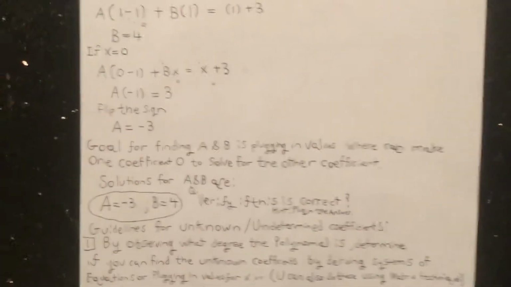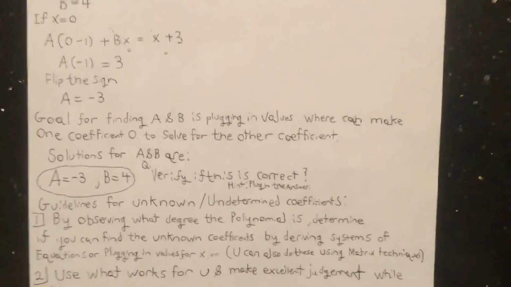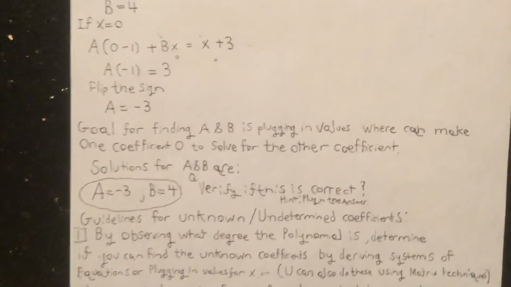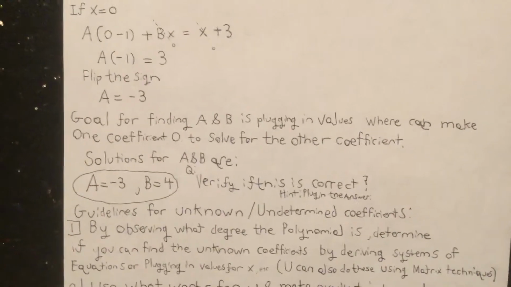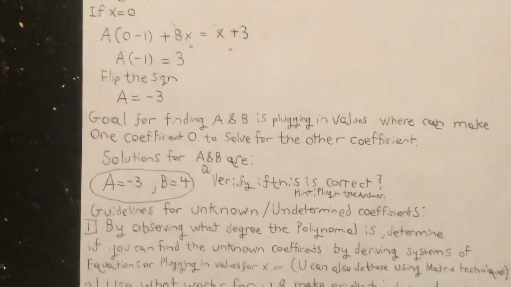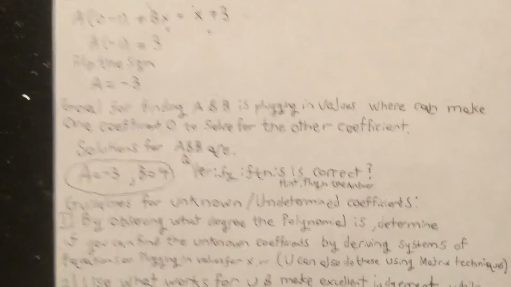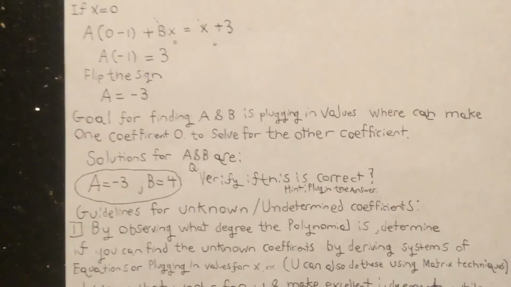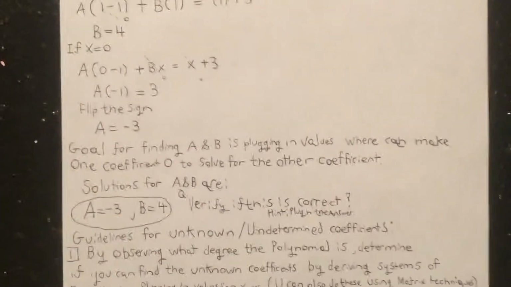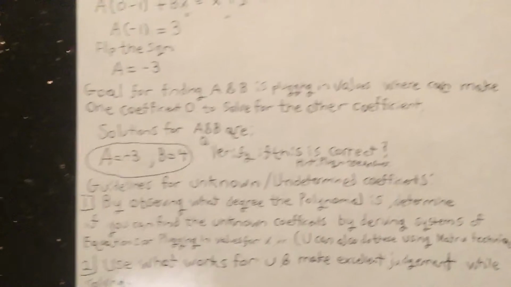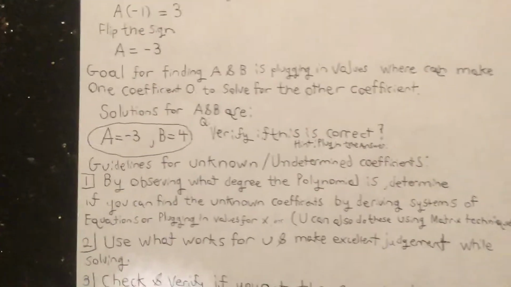The goal for finding a and b is plugging in values where we can make one coefficient 0 and solve for the other unknown coefficient. So the solutions are a is equal to negative 3, b is a positive 4. Now the question again is to verify if this is true. Here's a hint: don't be afraid to plug in the answers for your coefficients into the problem.